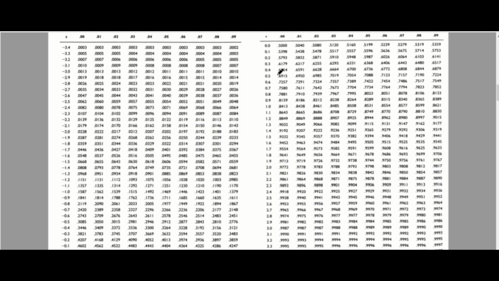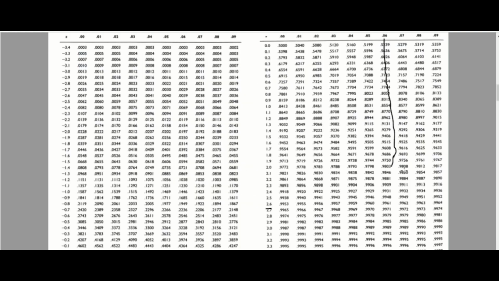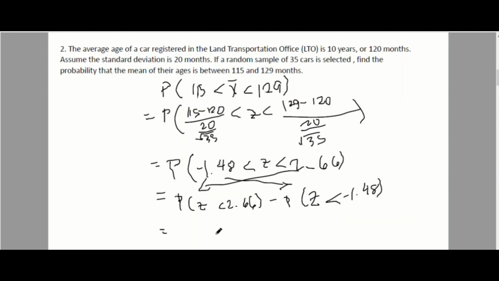So let's look at the table. 2.66. So we have 2.6 here, and then 6 is right here. So we have 0.9961.